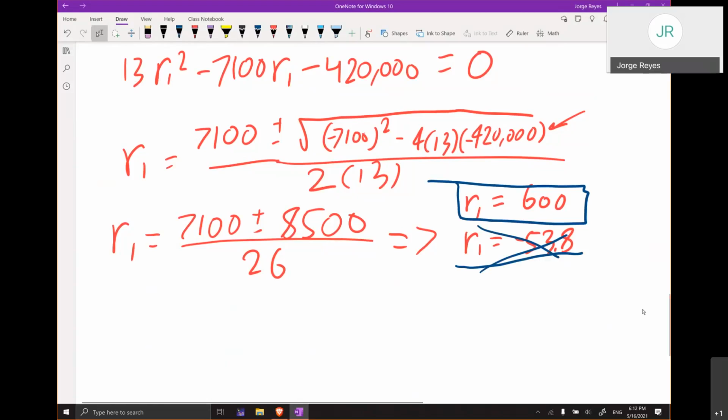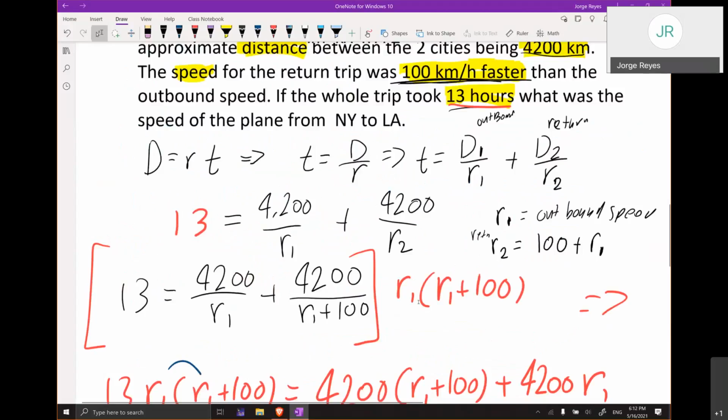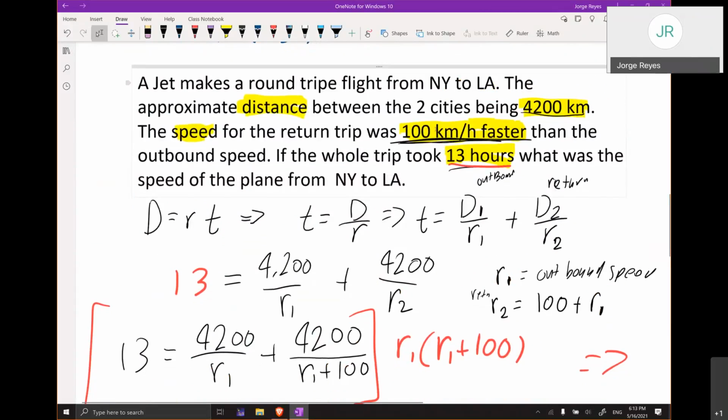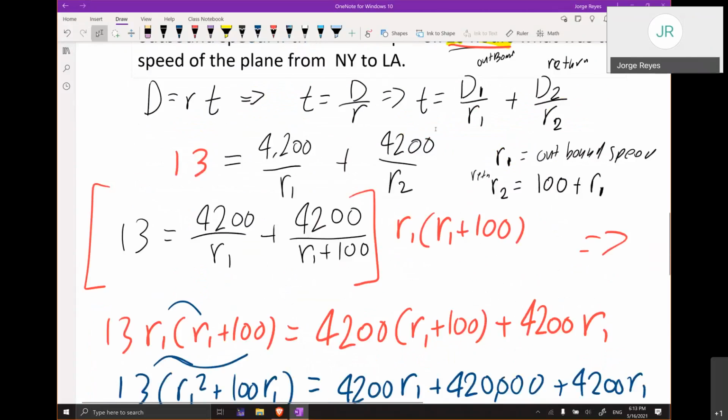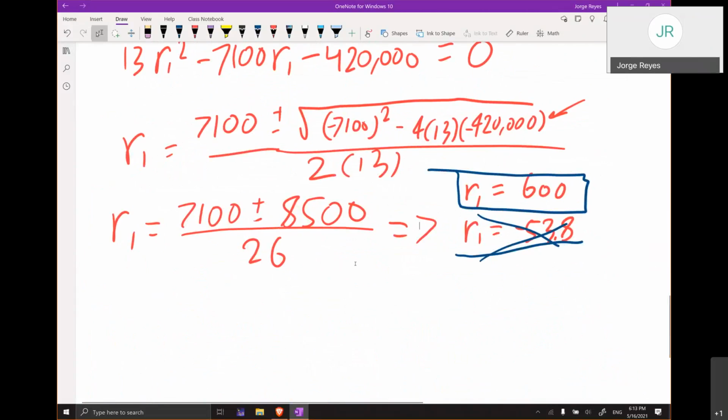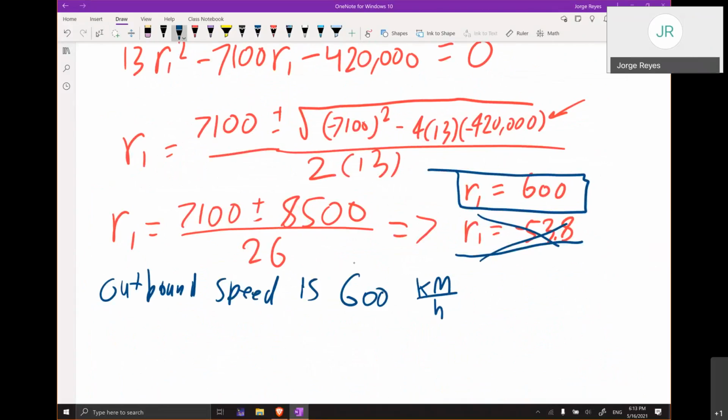The question is New York to LA. Yes, so the answer is 600. The outbound speed is 600, and here's the important part: kilometers per hour.